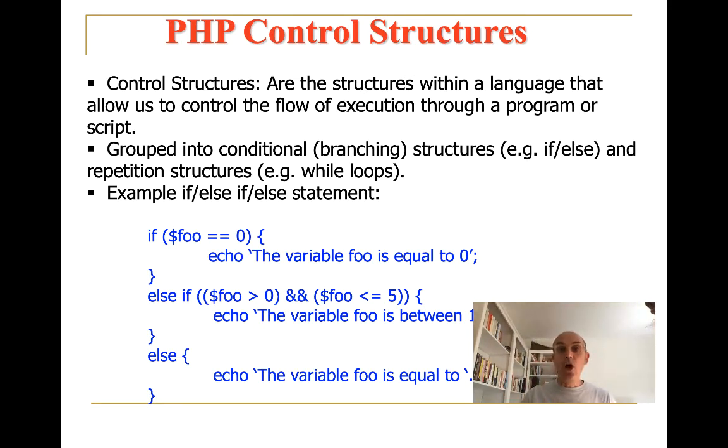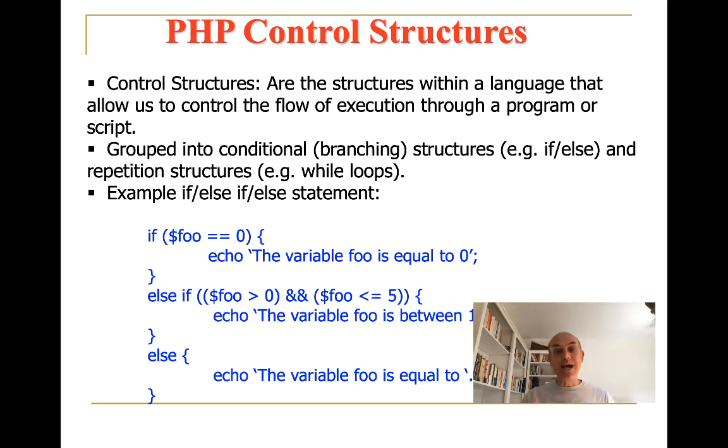Control structures are the structures within the language that allow us to control the flow of execution through the program or the script. They are grouped into conditional structures, if else, and repetition structures, while loop. So in this case, I'm going to start with the idea of what we learned in JavaScript, which can be applied not directly, but the concept can be applied to PHP.